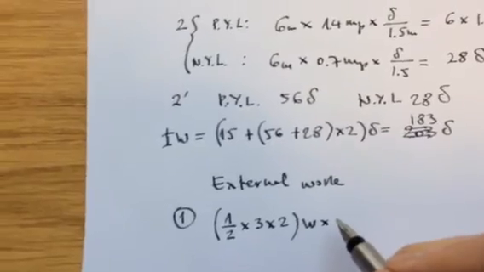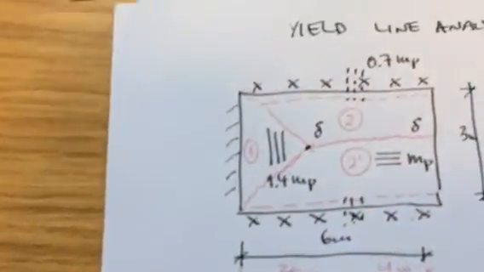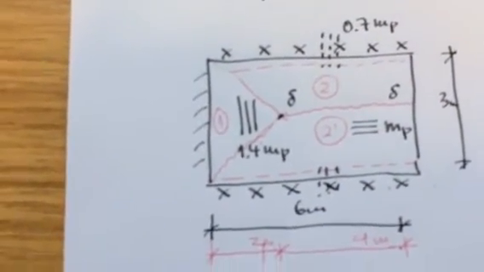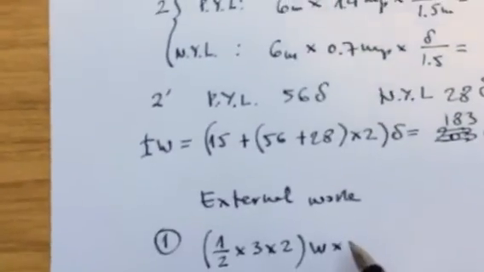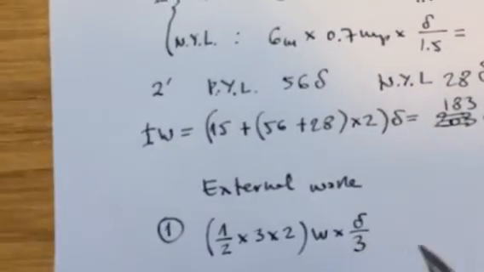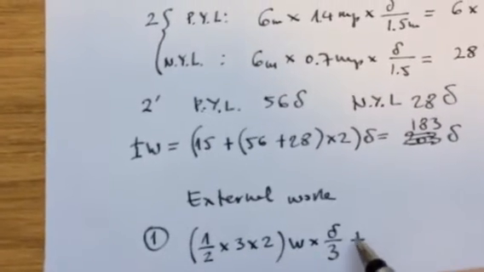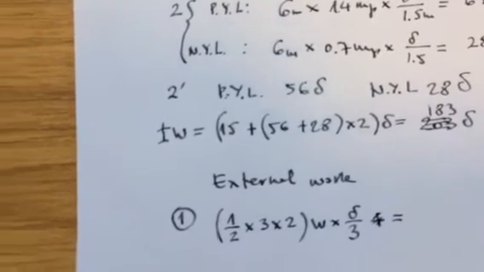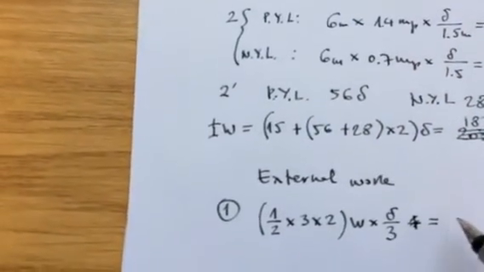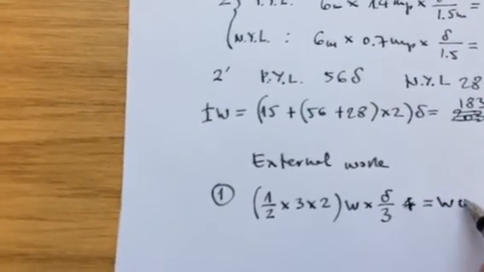If the displacement at the tip of the triangle is delta, then the displacement at the centroid is delta third. And that is equal to W delta.